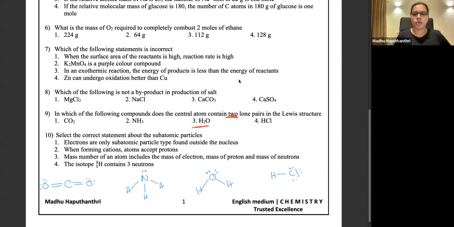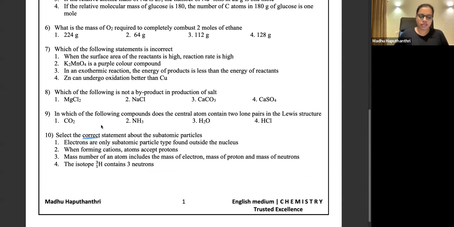We'll go to the 10th one. Select the correct statement. After a long time, I'm asking for the correct statement about the subatomic particles. Subatomic particles means, for your O-level, you are learning electrons, protons, and neutrons. First one: electrons are the only subatomic particle type found outside the nucleus.